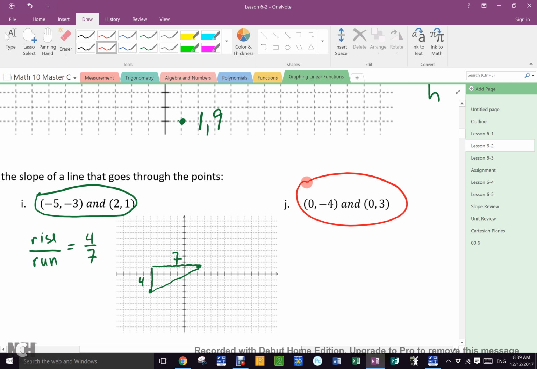We'll do this guy in red. How do I get to 0, -4? Zero, -4. Down. How far? 1, 2, 3, 4. How do I get to 0, 3?